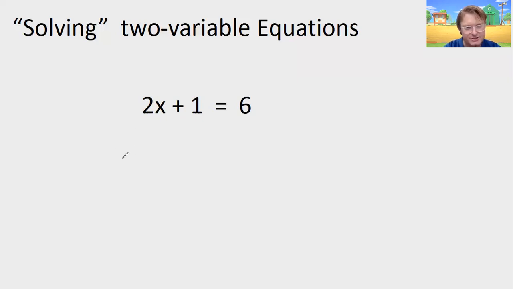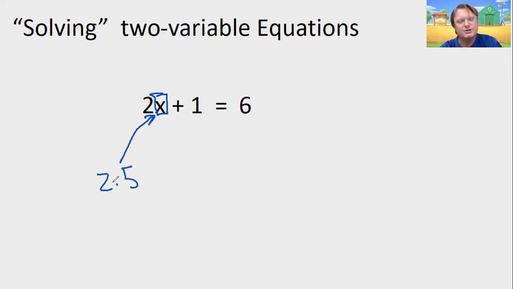Another way to do it is to take numbers and plug them in for x and figure out which number works. There's only one value there that's going to work. So 2 times 2 is 4, plus 1 is 5. That's not an answer. 2 times 3 is 6, plus 1 is 7. That's not an answer. But if you get to 2.5, 2 times 2.5 is 5, plus 1 is 6.